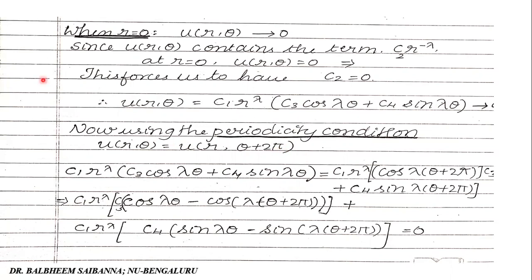I wrote it like this: C1 r to the power of lambda, C3 cos lambda (theta plus 2 pi) plus C4 sin lambda (theta plus 2 pi). Then we consider C1 r to the power of lambda C3 [cos lambda theta minus cos lambda (theta plus 2 pi)] plus C1 r to the power of lambda C4 [sin lambda theta minus sin lambda (theta plus 2 pi)].